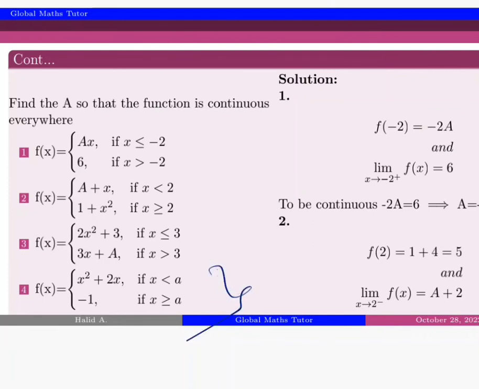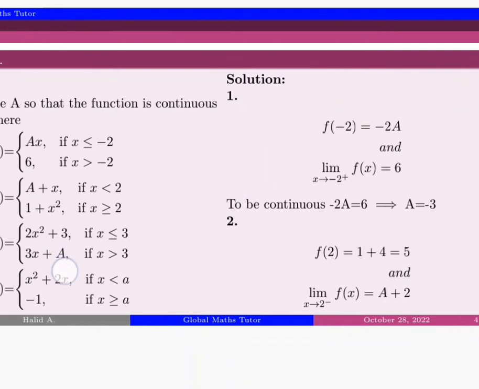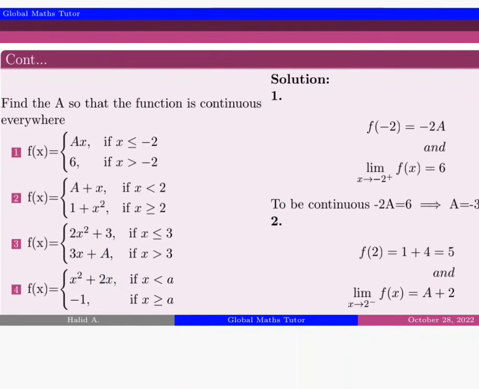Therefore, to be continuous everywhere, what should be the value of a? f of a is -1 from this equation, and the limit of f of x as x approaches a from the negative side is defined by x squared plus 2a.